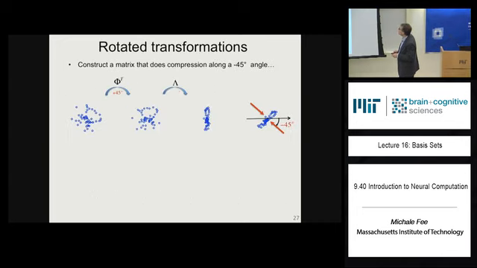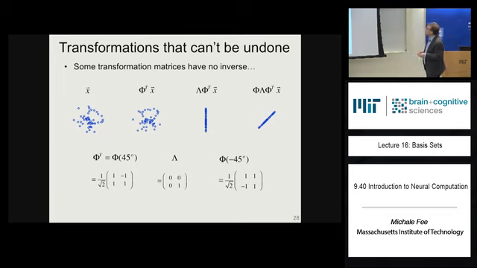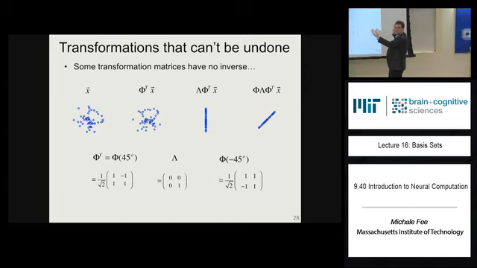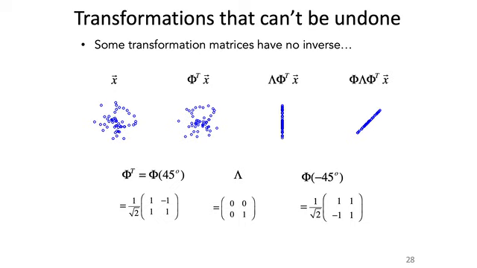Okay, now watch this. What happens if we take these data, we rotate them, and then we compress data all the way to 0? By compressing the data to a line, we're multiplying it by 0.